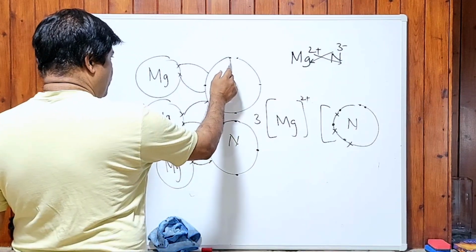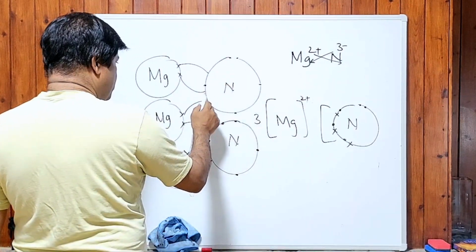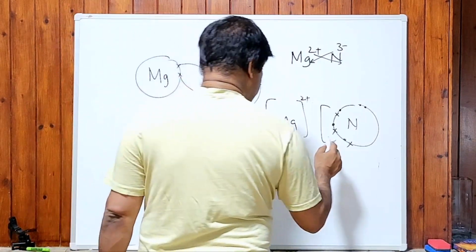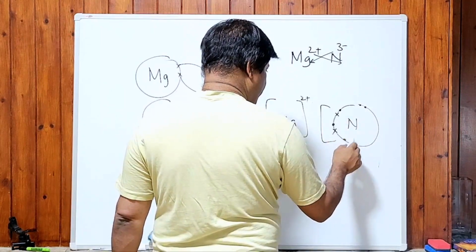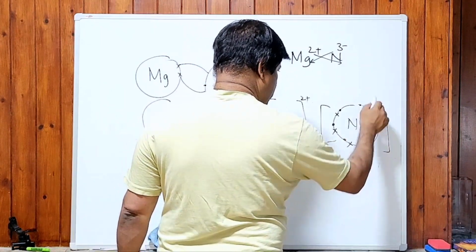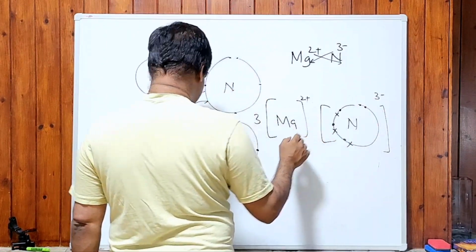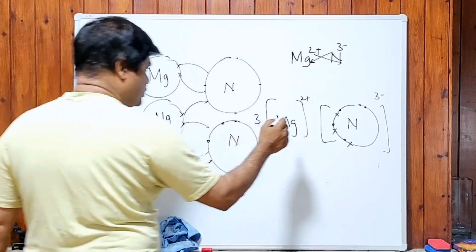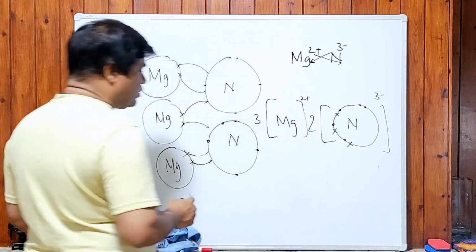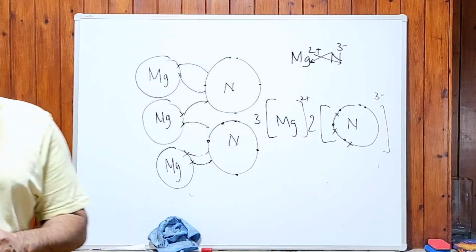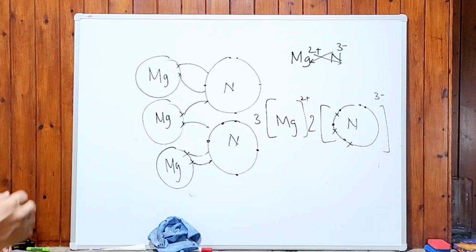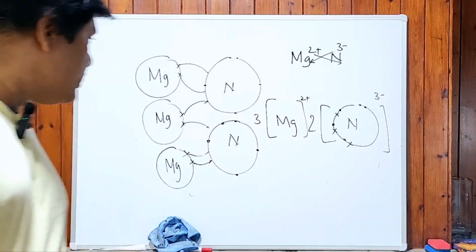So each one gets 3, making 8 electrons in the outer shell. How many nitrogen? 2 nitrogen. So that's the way you can draw the dot and cross structure of magnesium nitride.